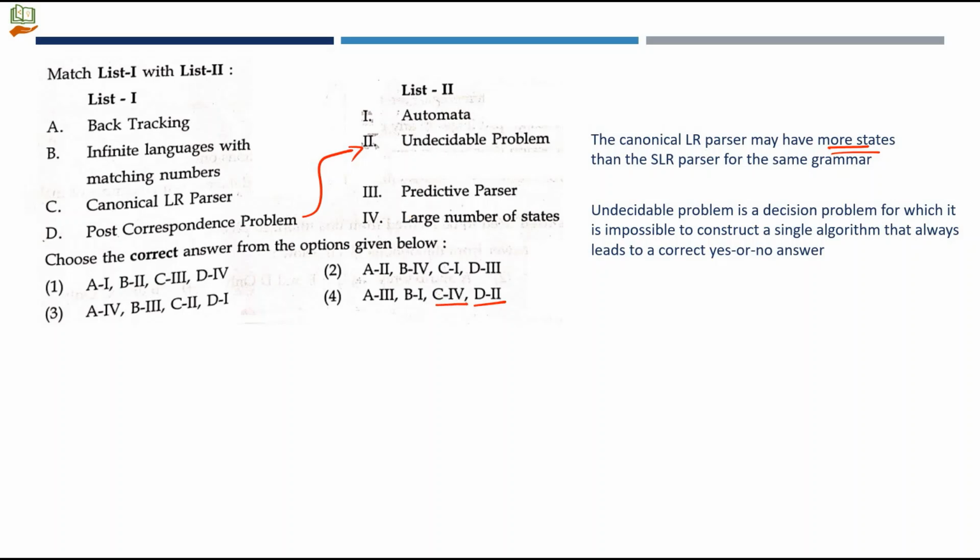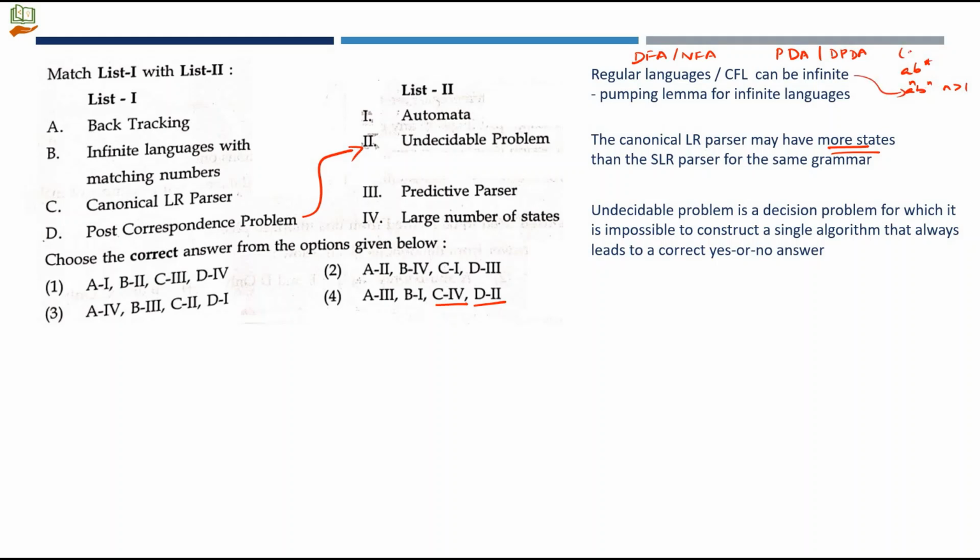What about automata? Regular languages or CFL languages can be infinite. Regular languages have deterministic finite automata and non-deterministic finite automata. Similarly, CFL has PDA, push-down automata, or DPDA, deterministic push-down automata, to represent those languages. What is an infinite language? When I say it is AB star or A power n, B power n, where n is greater than 1, this is for CFL and this is for regular.